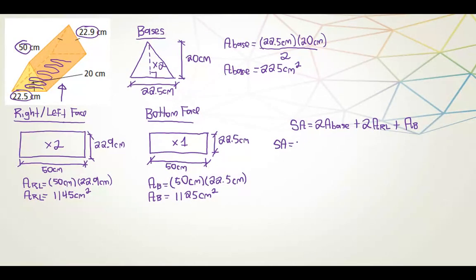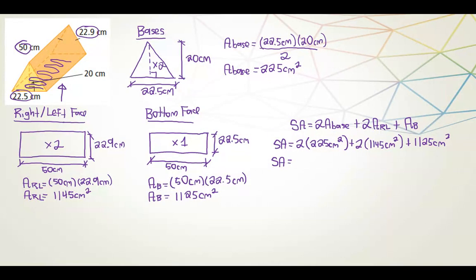Let's plug the numbers in. So we'd have 2 times the area of the base, which is 225 centimeters squared, plus 2 times the area of one of the right or left faces, so 1145 centimeters squared, plus the area of the bottom face, which is 1125 square centimeters. Okay, and now let's do order of operations, the multiplication first.